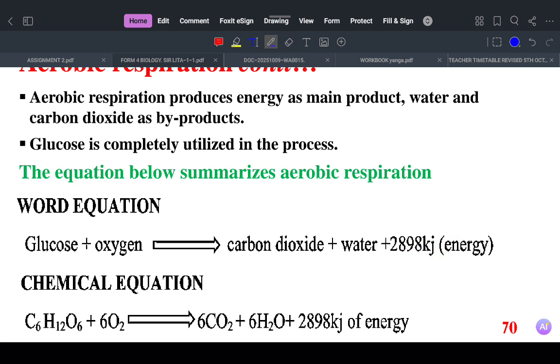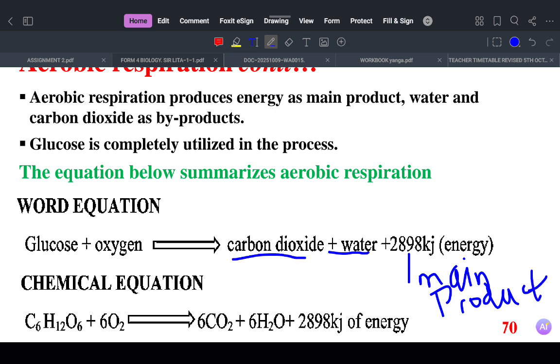This is the same as 2898 times 10 to the power 3 joules. That's a lot of energy being generated from the process, aerobic respiration. So this is the main product. All right, carbon dioxide and water are byproducts.